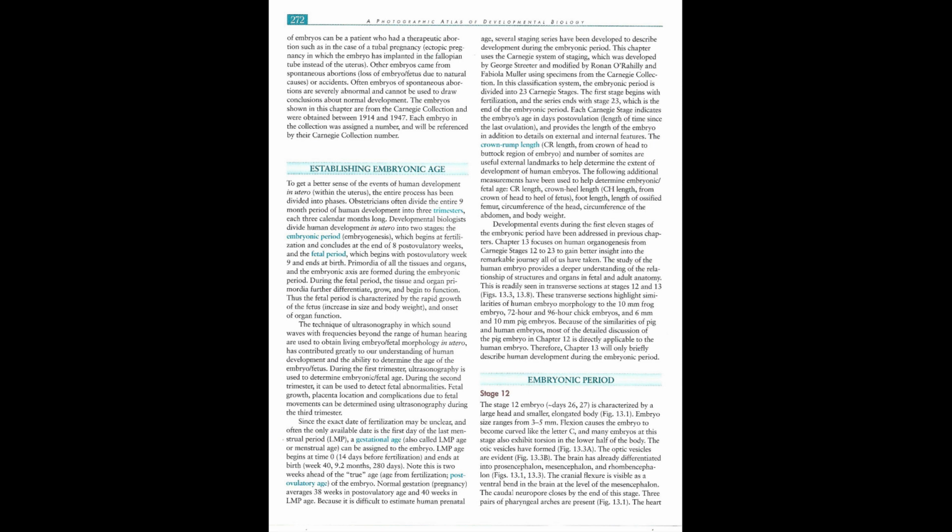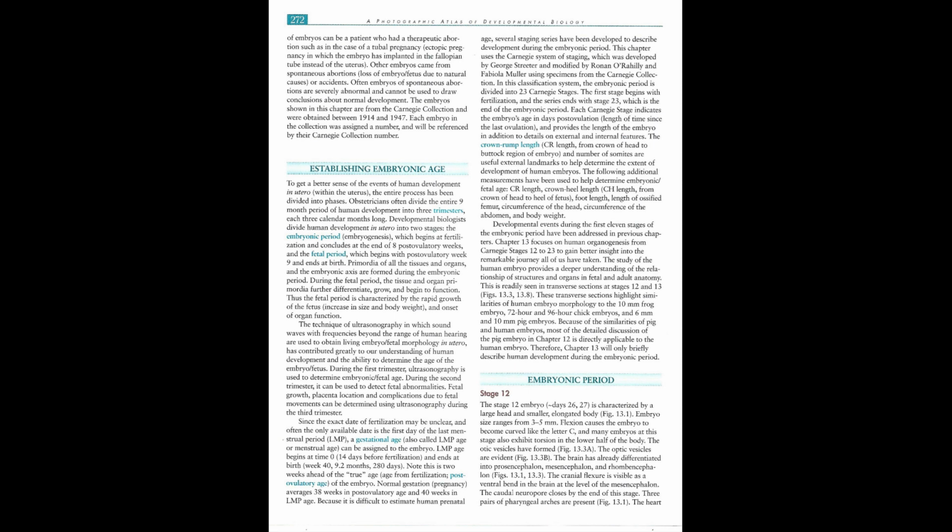Often embryos of spontaneous abortions are severely abnormal and cannot be used to draw conclusions about normal development. The embryos shown in this chapter are from the Carnegie collection and were obtained between 1914 and 1947. Each embryo in the collection was assigned a number, and will be referenced by their Carnegie collection number.